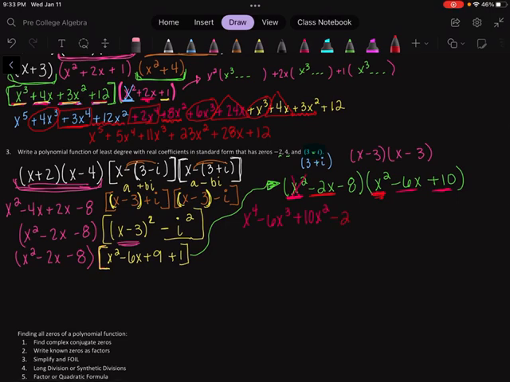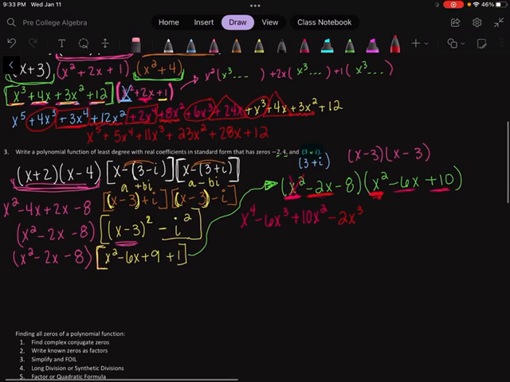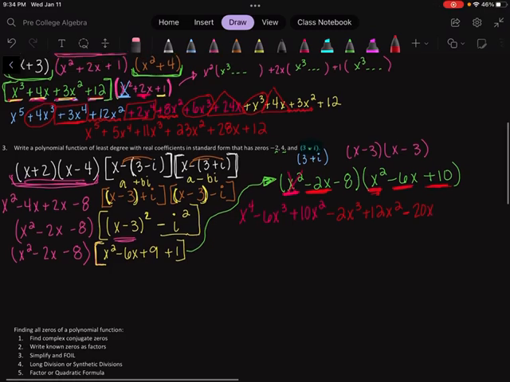That is negative 2x to the 3rd. Negative 2x times negative 6x is positive 12x squared. And then negative 2x times positive 10 is negative 20x.